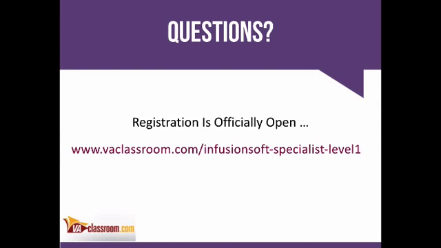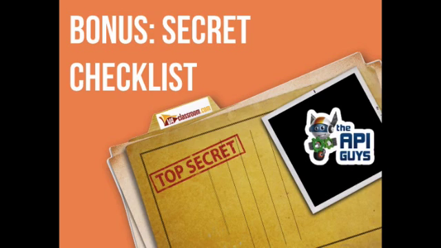Kim, you had mentioned, going back to that slide you had on the secret checklist, I don't know if there was something you wanted to speak to. There was. I just wanted to say that I do plan to give you all our 68-point secret checklist on how to set up an app properly and correctly.